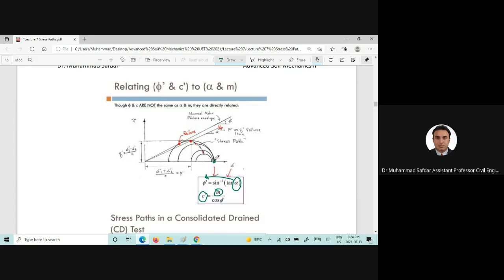Now let's assume that we applied a sigma, and we have this is sigma 1, this is sigma 3, and now we are reducing that sigma 3.